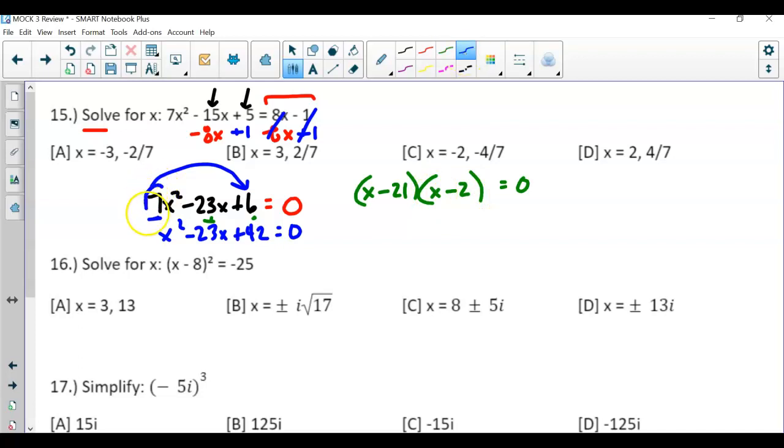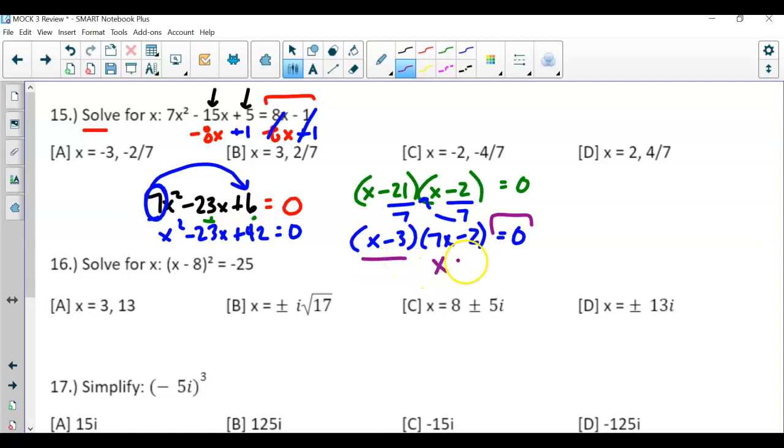No, because remember, whatever you multiply by that A value, now divide by that A value. So I've got x minus 3 and then bottoms up. 7x minus 2 is equal to 0. And because we're solving equal to 0, change the signs. So now this is not negative 3, but positive 3. Then I notice from my answer choices, my answer here is B. But I can also see in using my shortcut, right, that if I've got negative 2 sevens here from bottoms up, I need positive 2/7.